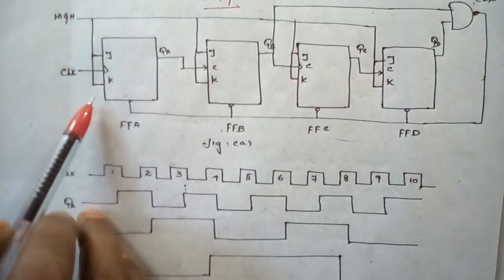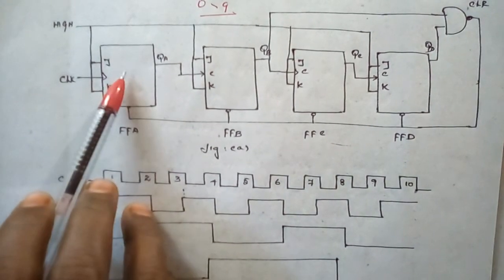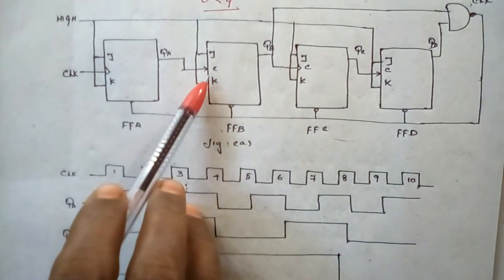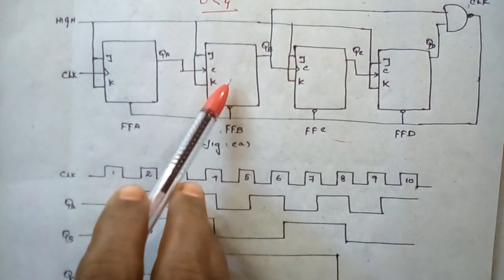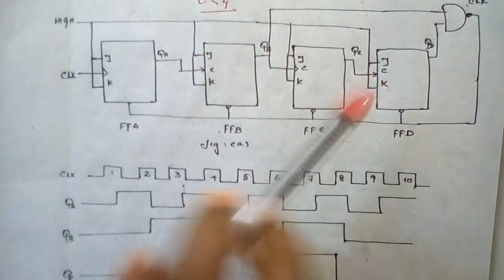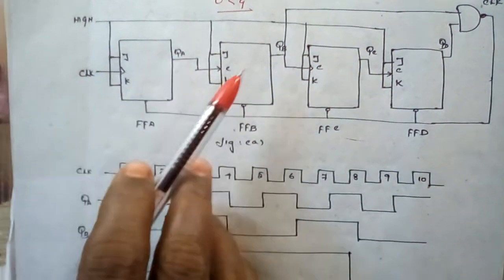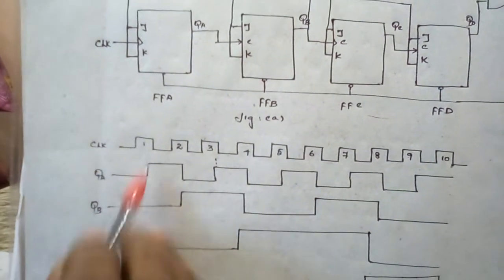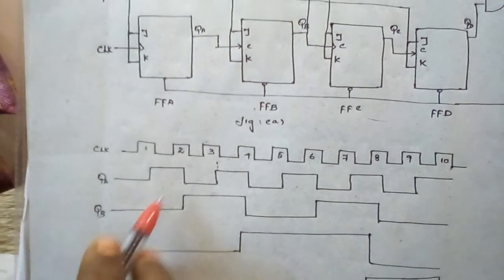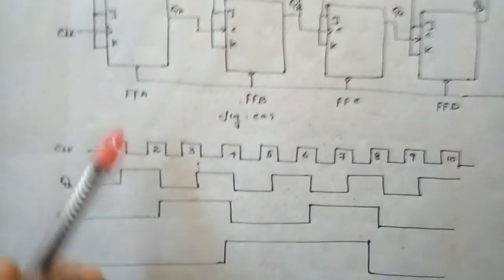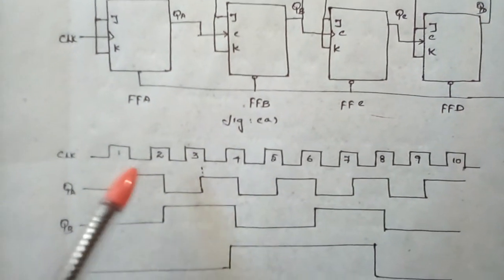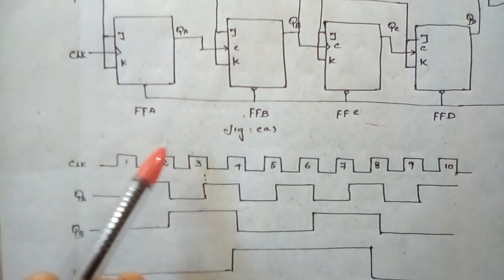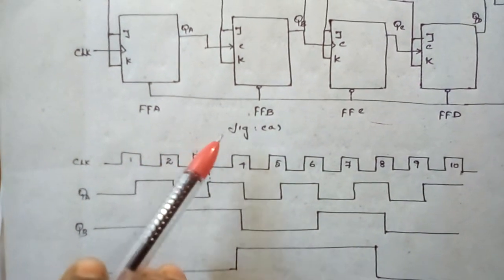The clock input is provided to the first flip-flop and the output of the first flip-flop is taken as the clock pulse for the second flip-flop. Due to this there will be a propagation delay, which is shown in the timing diagram. The delay is the main thing happening in the asynchronous counter.